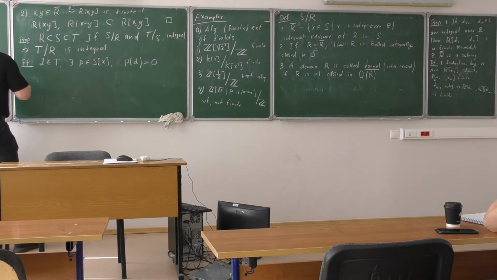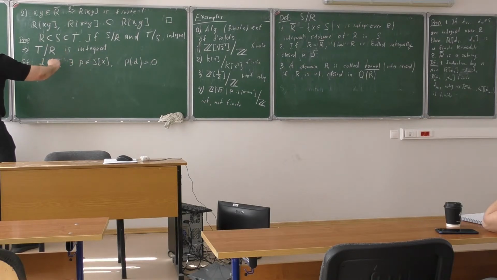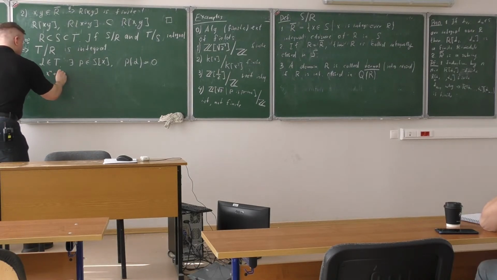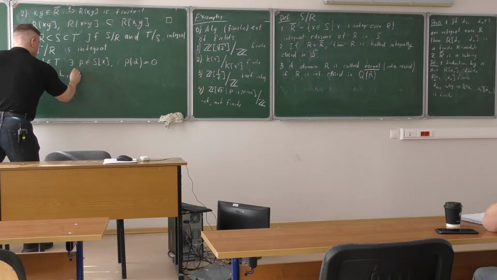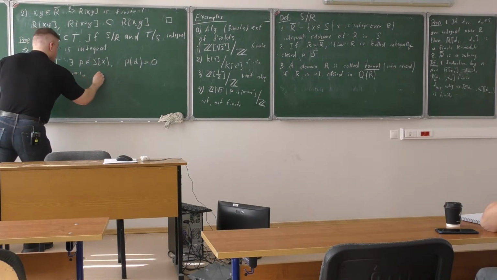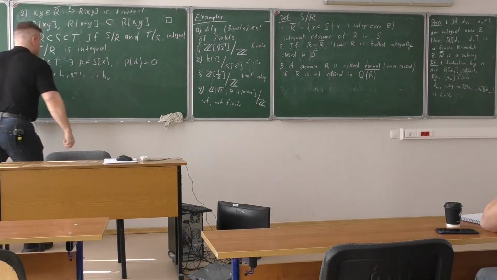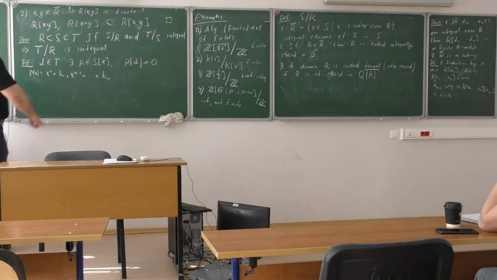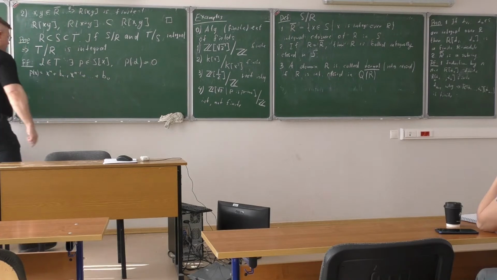Okay, so maybe I need to write the coefficients of this equation. So p of x is x to the n, plus b n minus 1 x to the n minus 1, and so on, and the last coefficient is b0. So let's call the coefficients of this equation b n minus 1 up to b0.